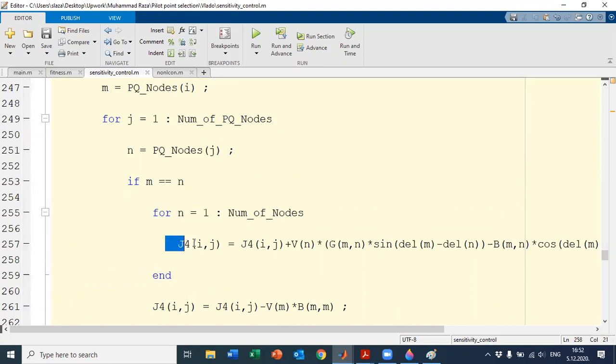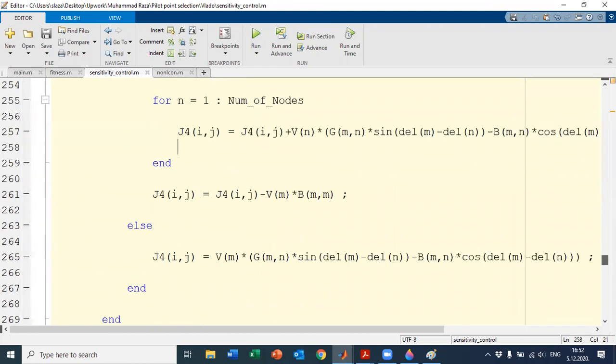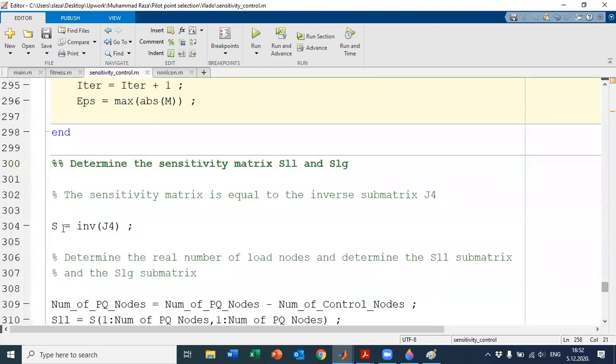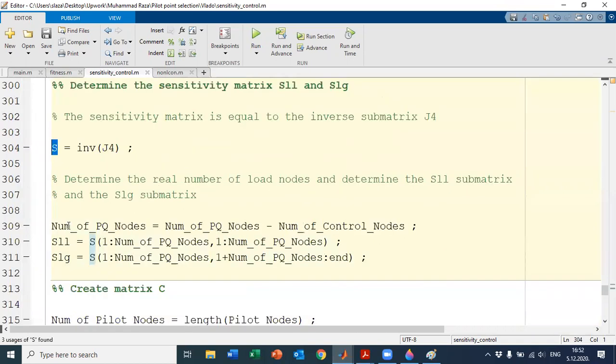So that completely corresponds with the real J4 matrix. And basically what we do, we just say that the sensitivity matrix is equal to the inverse J4. After that, what we need to do is to determine these submatrices SLL and SLG, which is pretty easy because the nodes are already divided.